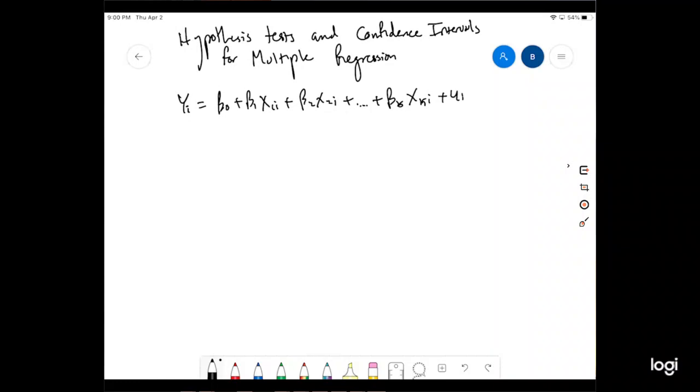So here's our population model. Let's suppose we've estimated it in R. We get a coefficient estimate for beta 2 hat.